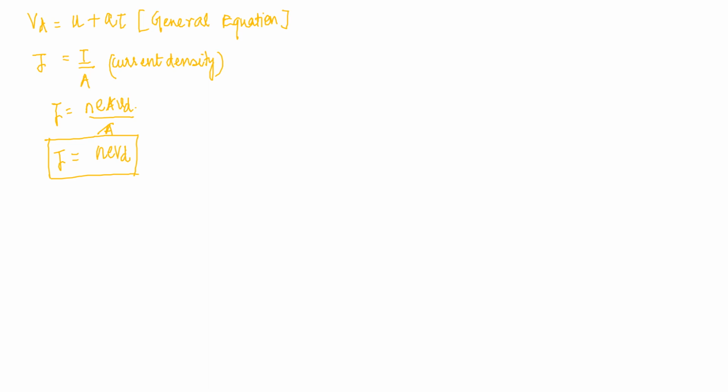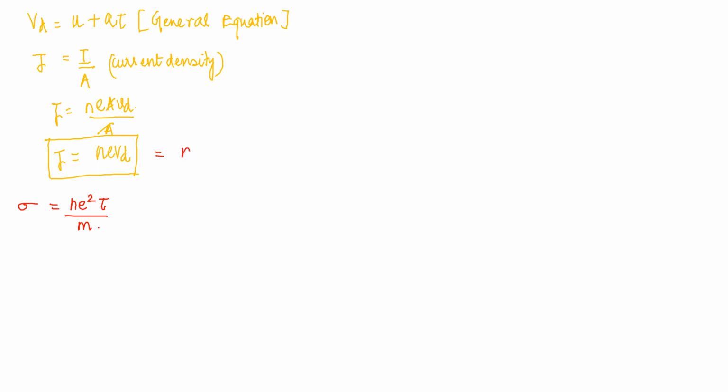Now, next to it, we know that conductivity is given as sigma equals to Ne square tau upon M. How does this come? We have substituted the value of Vd in this equation.